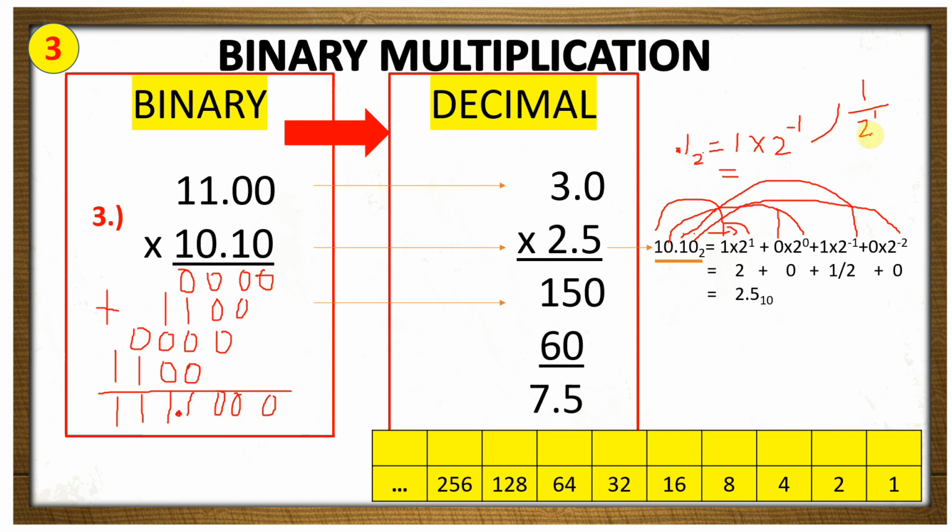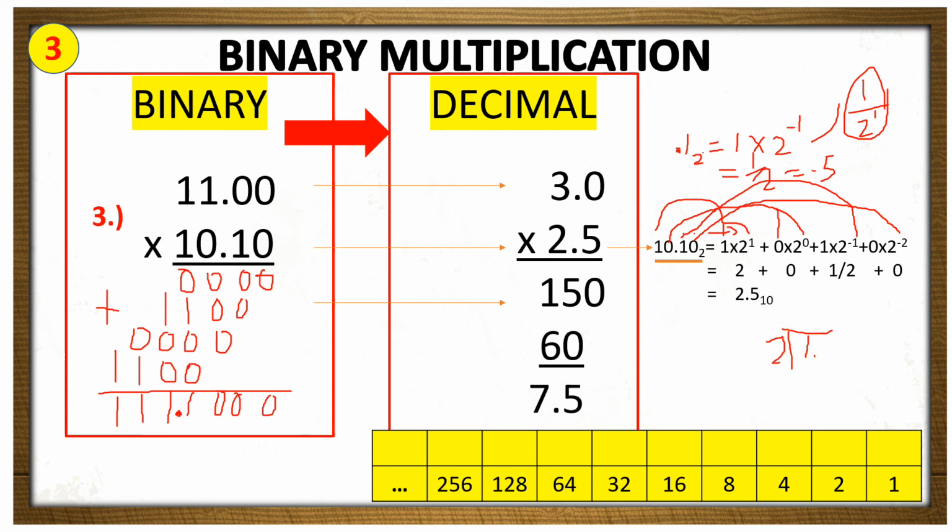So this is actually equal to 1/2. 1/2 actually is 0.5. 1/2 is equal to 0.5 in decimal, because that's 5/10, or you can simply divide 1 by 2 to make sure that this is 0.5.